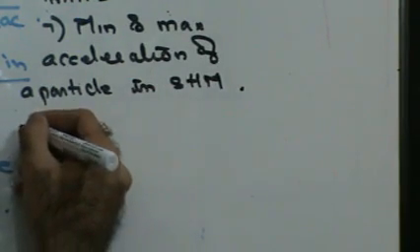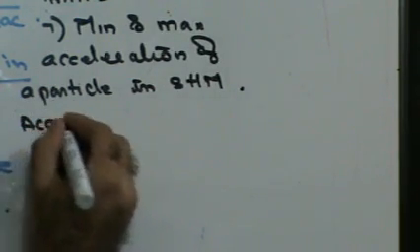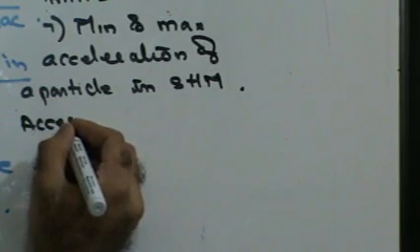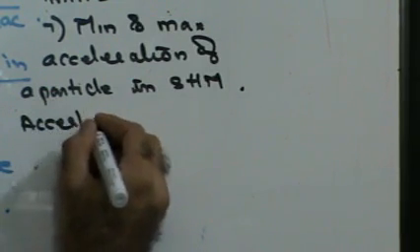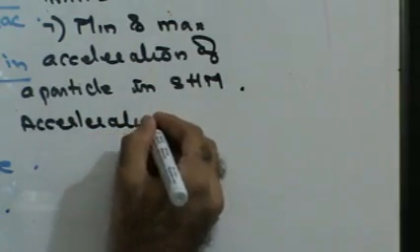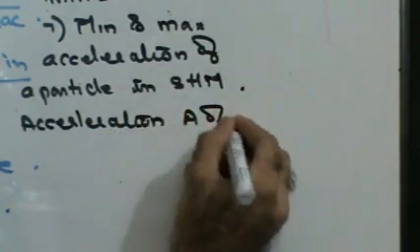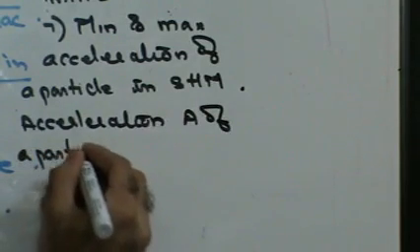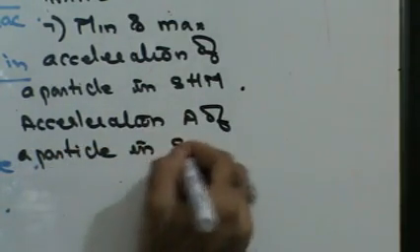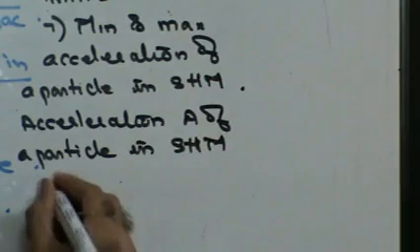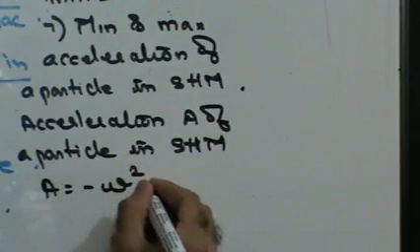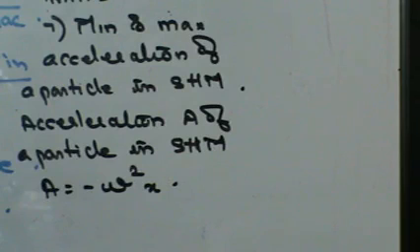I can say that acceleration a of a particle in SHM is given by the formula a is minus omega square x. We have done this derivation.